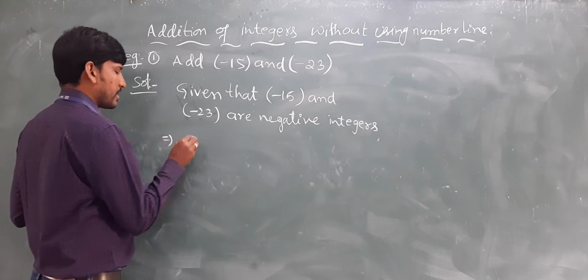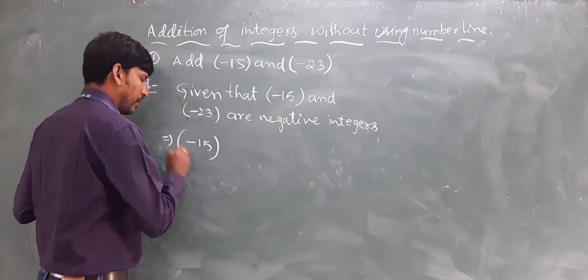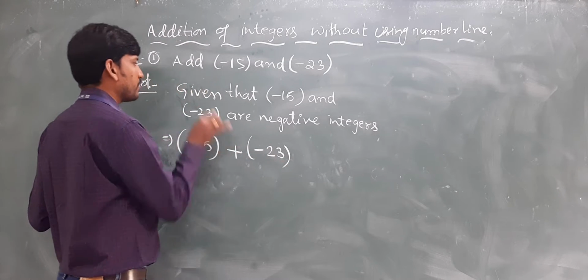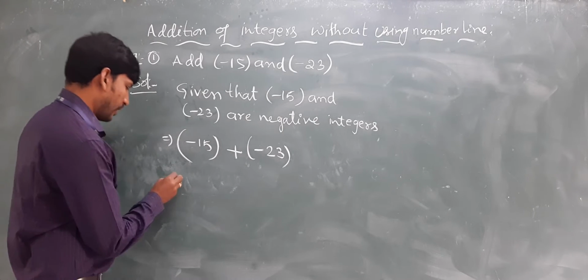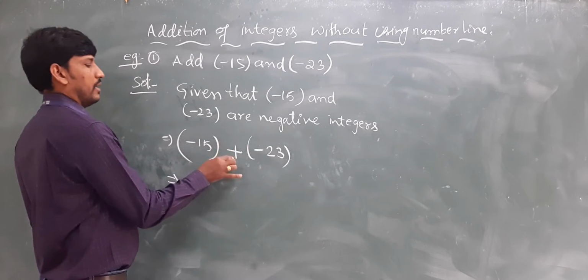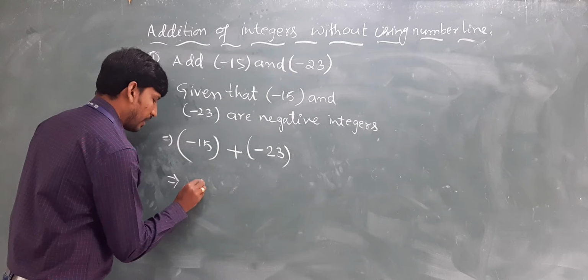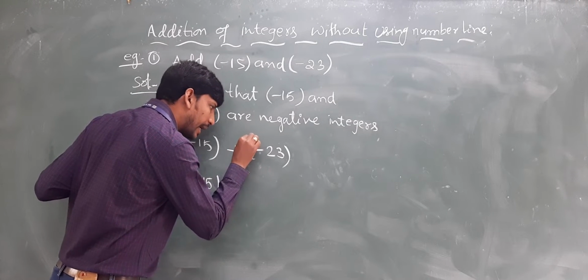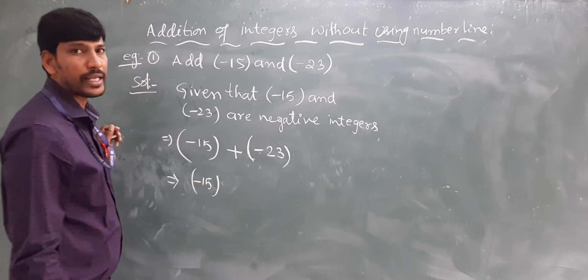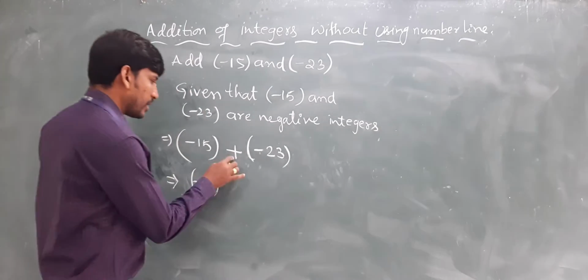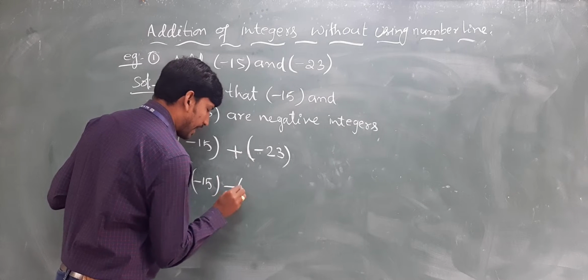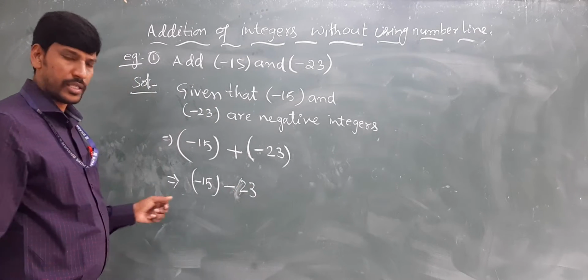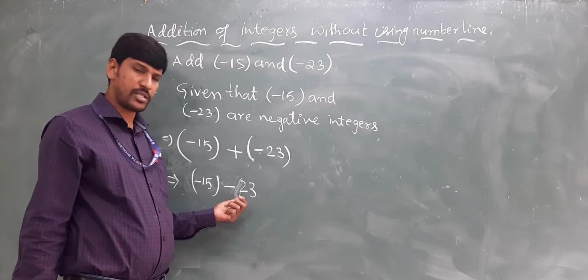Now this implies -15 plus -23. Plus means addition only, no? Right. So if both are negative, -15 plus, in brackets, -23. See this here, one is negative, this is also negative.